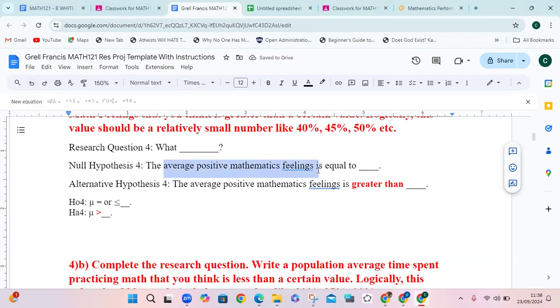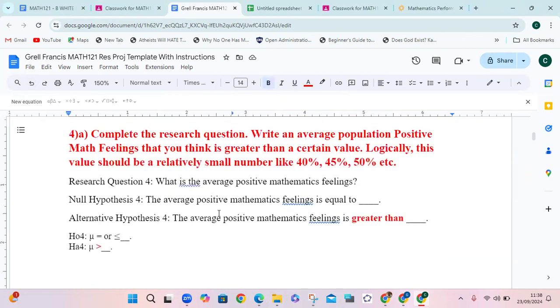Perfect. So the null is saying the positive math feeling is equal to a certain number. The alternative is saying now it is greater than a certain number. Think of a number that the average positive math feeling is greater than.